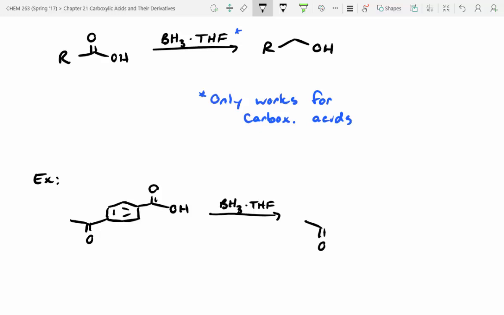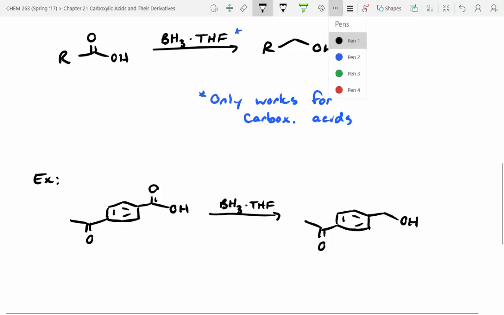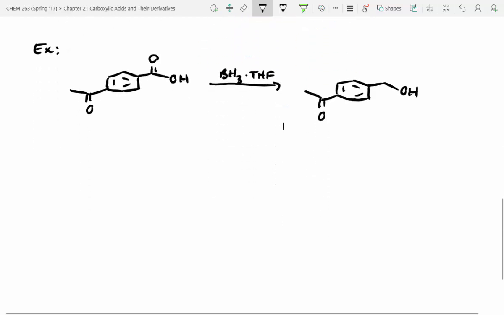Nothing's going to happen to it. And we can reduce the carboxylic acid to an alcohol. So now we can selectively reduce either a ketone or a carboxylic acid without touching the other. It's a nice workaround. There's also the one we saw on our last exam.